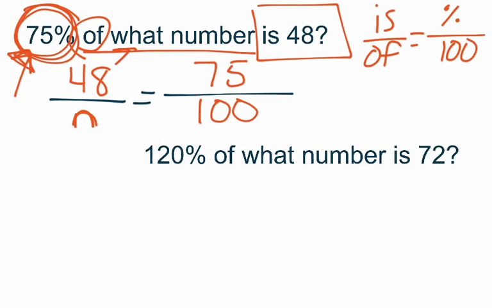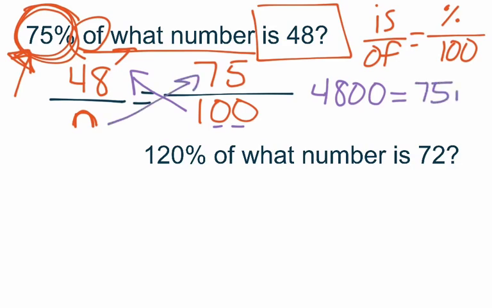Now, in this sort of problem, and this is what you're going to encounter pretty often, we cannot do it vertically or horizontally, so we have to use those cross products. So I can do 100 times 48, and you don't necessarily need a calculator for that one. Just remember that that's essentially 48 times 1, and then we have our 2 zeros for those place values. So 100 times 48 would be 4,800, and that's going to equal simply n times 75, or 75n.